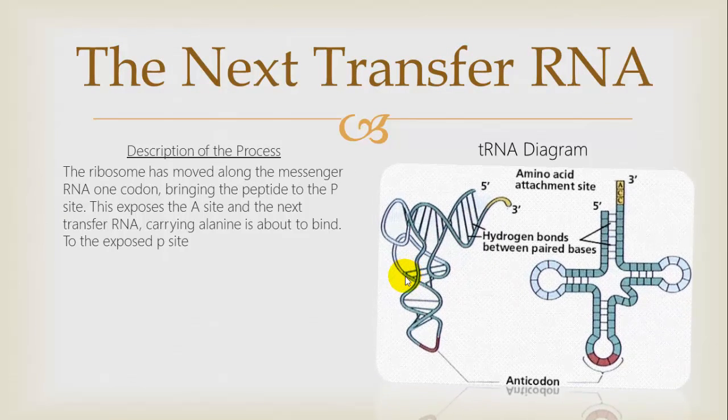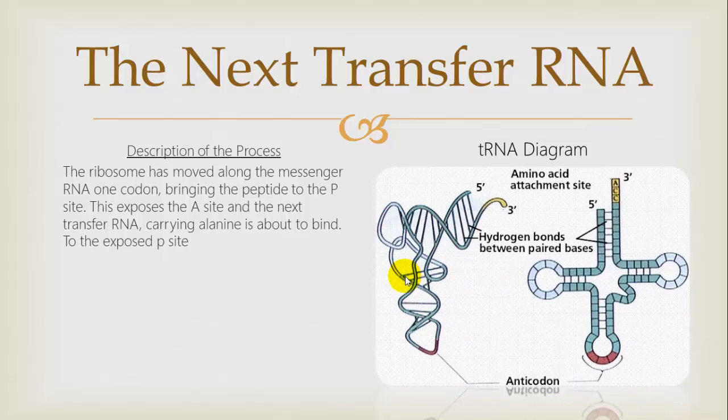The ribosome is now moving along the messenger RNA, one codon, bringing the peptide to the P site. This exposes the A site, and the next transfer RNA carrying alanine is about to bind to the exposed A site. This is a diagram of tRNA.